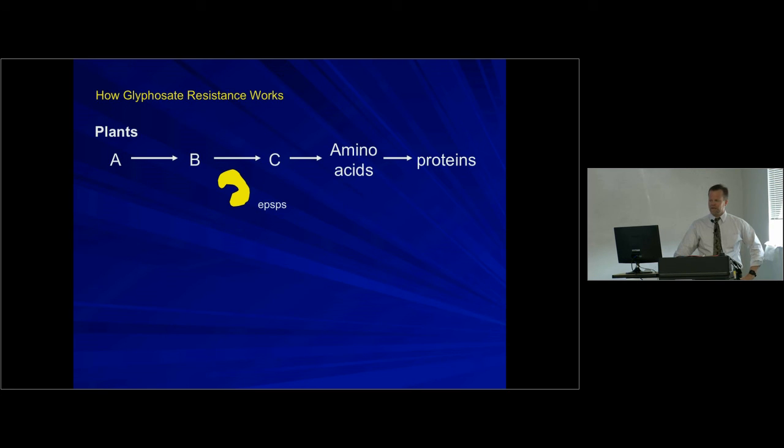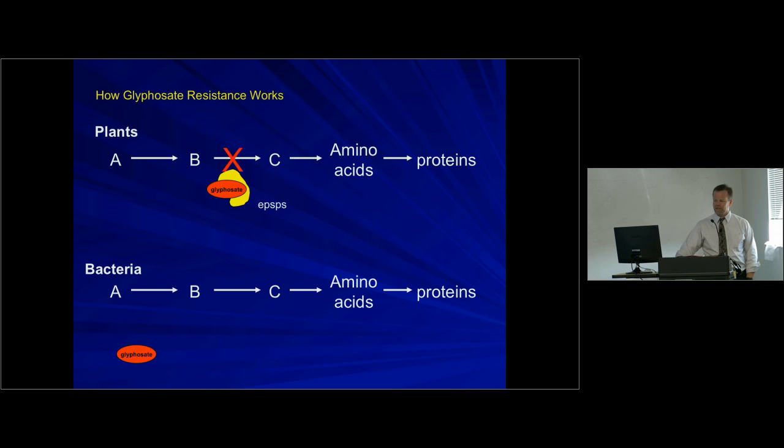Glyphosate binds into the EPSPS protein. When glyphosate binds into EPSPS protein, it no longer can function, and that plant dies as the biochemistry has been disrupted. We know that bacteria have a comparable parallel system, only that enzyme is a little bit different and doesn't bind glyphosate. So now you can see the obvious solution.